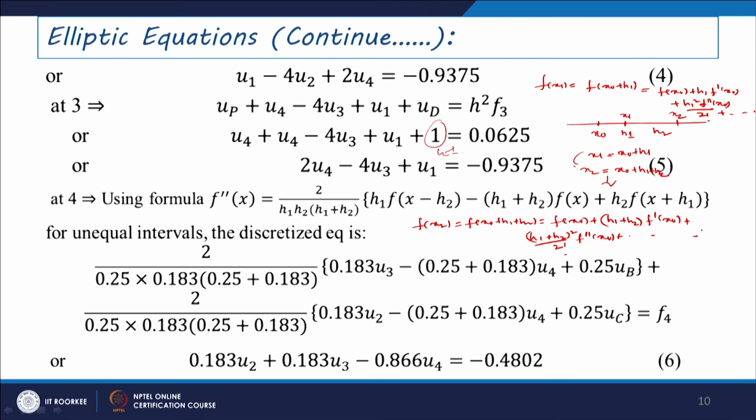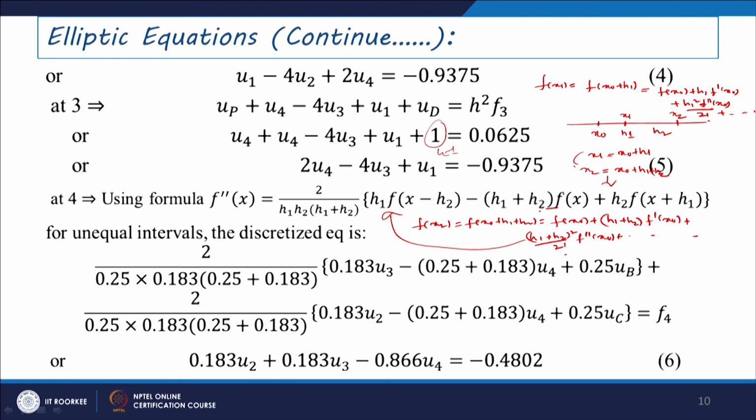If you eliminate f dash of x0 from both these equations, we can obtain this formula in this form, neglecting the higher powers of h1 and h2. Especially this second order differential formula is written as 2 by h1 h2 into h1 plus h2, times h1 f of x minus h2, minus h1 plus h2 f of x, plus h2 f of x plus h1.